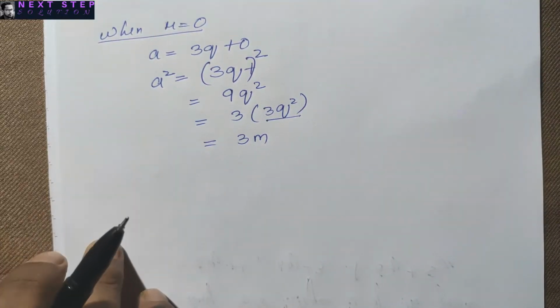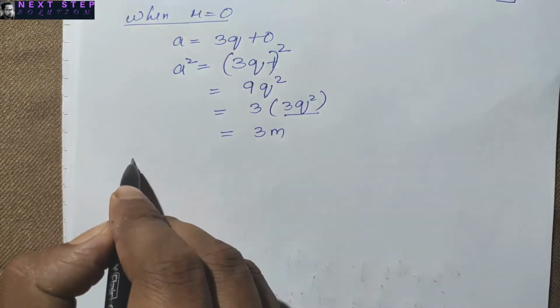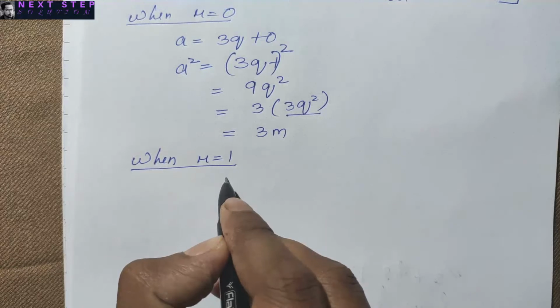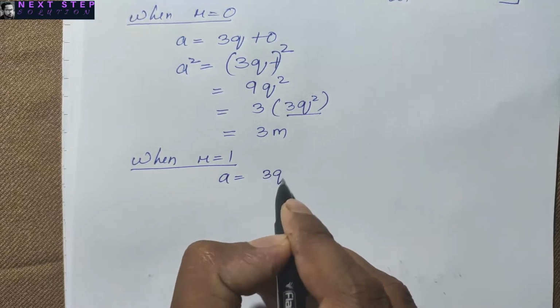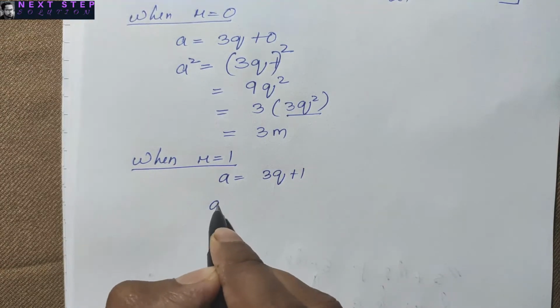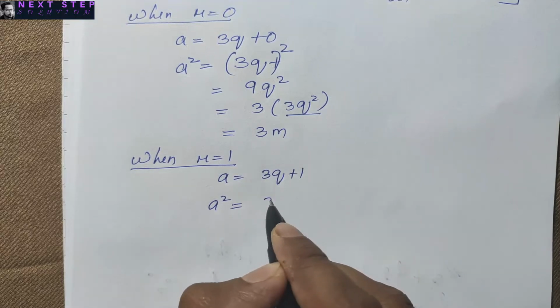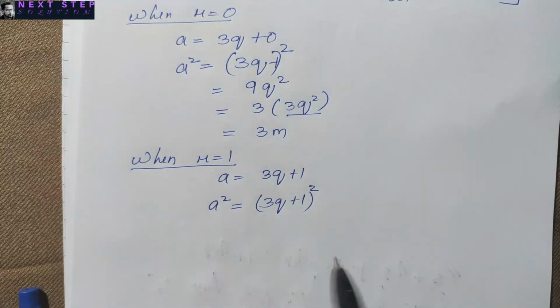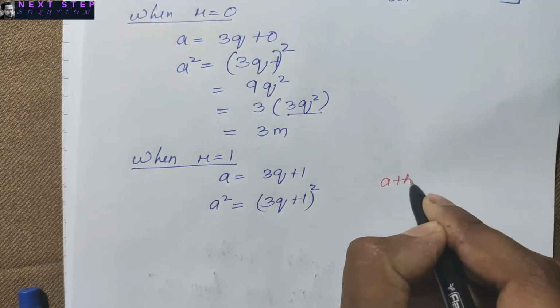Now coming to the next one. Next, when r equals to 1, we have a equals to 3q plus 1. If we square this a, on the other side we have to square 3q plus 1, and this is in the form of a plus b the whole square. What is the formula of a plus b the whole square?